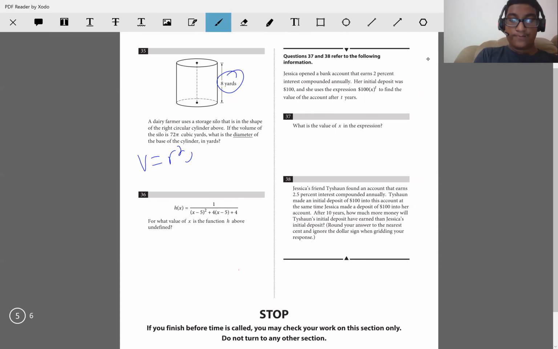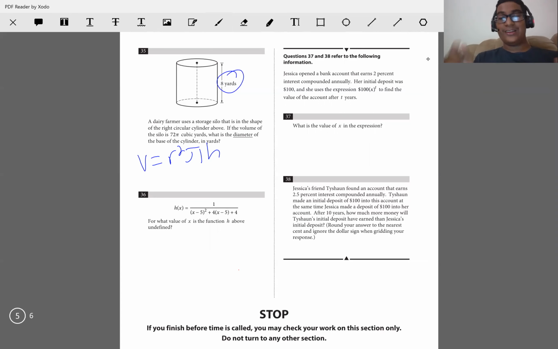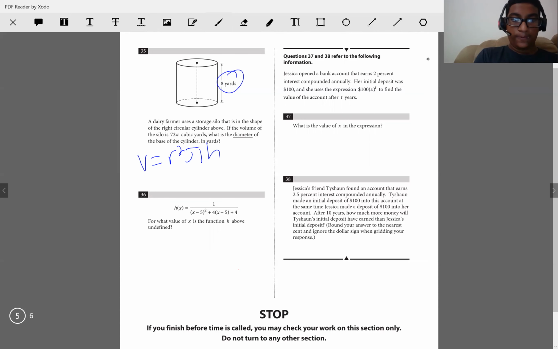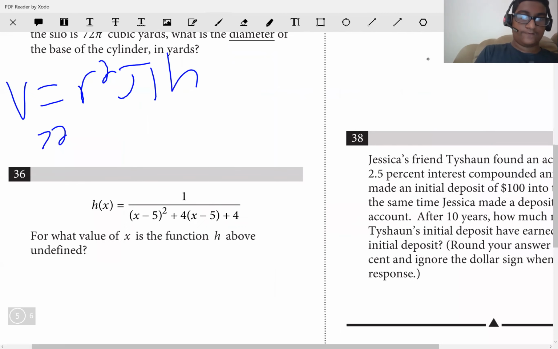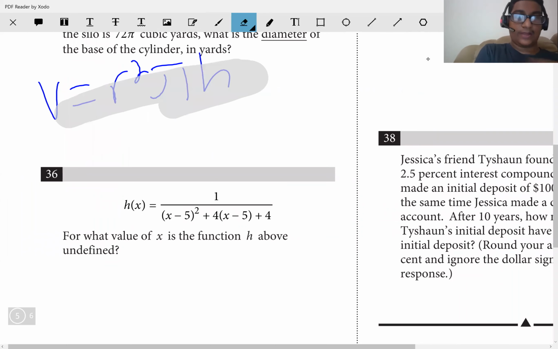So if you don't know, the volume of a cylinder is equal to r squared pi h. So we have h is 8, and r stands for radius, and the diameter, if you don't know this, and I hope you do know this, the diameter is 2 times the radius. So let's solve for the radius, and then we can just multiply by 2 to get the diameter. Let me rewrite this so that I have space.